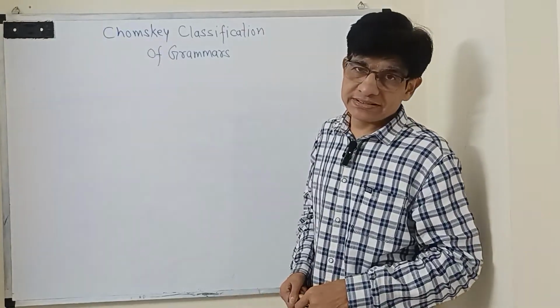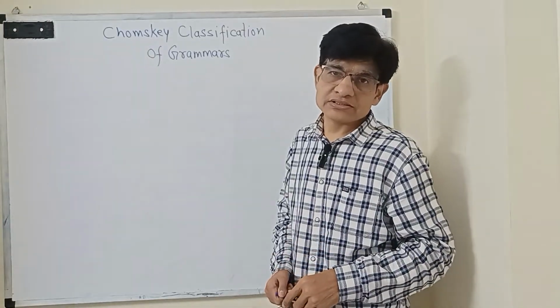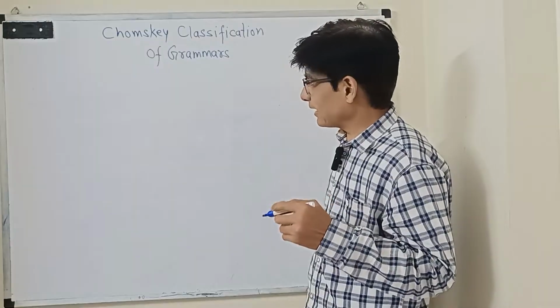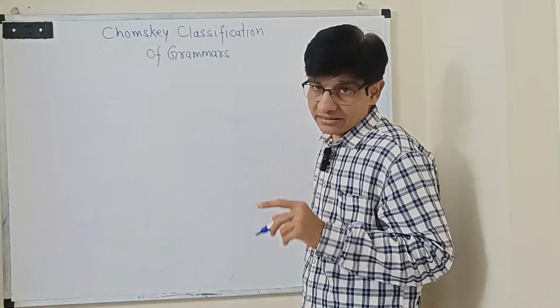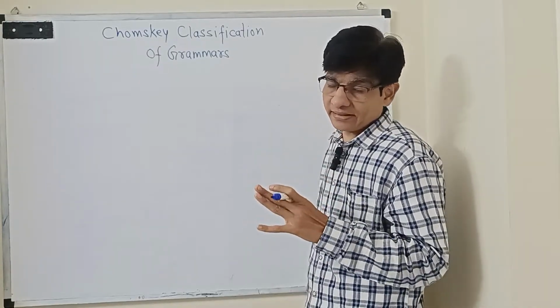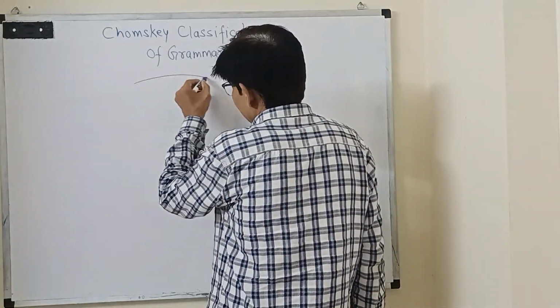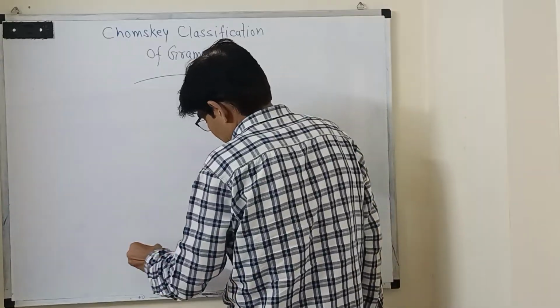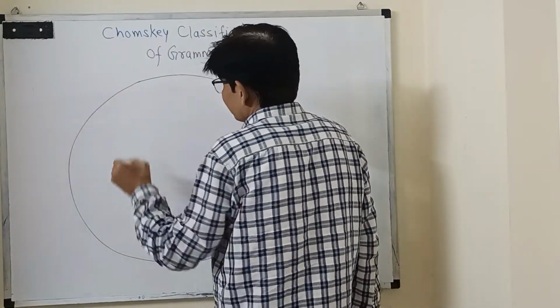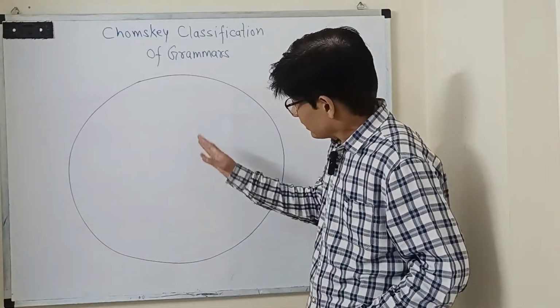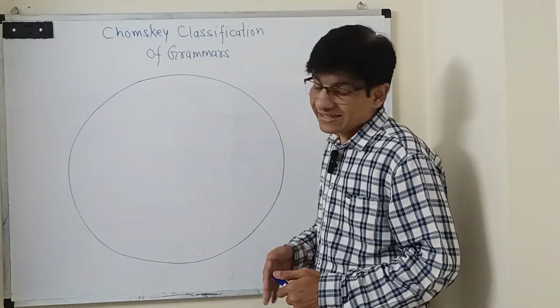So friends, now we will see the relation between all classes of grammars. As unrestricted grammar accepts all kinds of production rules, it is the bigger set. If we represent all these grammars as sets, that would be the biggest set.